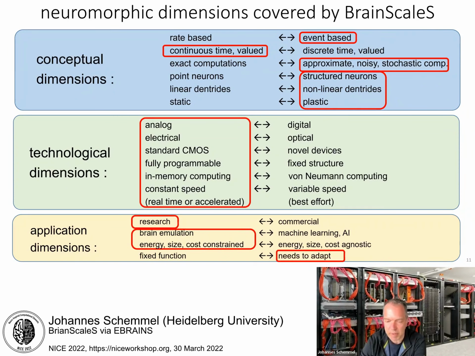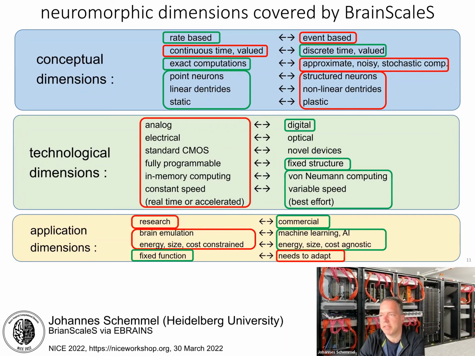But this is also not so simple, because these are only the primary aspects of the system. If you look closer, you see that also the green ones are valid. For example, it can also emulate rate-based systems. You have processors in it that do exact computations, so part of the computations are also exact. Then if you can do structured neurons, you usually can also do point neurons. You can do the simpler version. You can do linear dendrites, and you can also switch off plasticity, and then you have a static system.